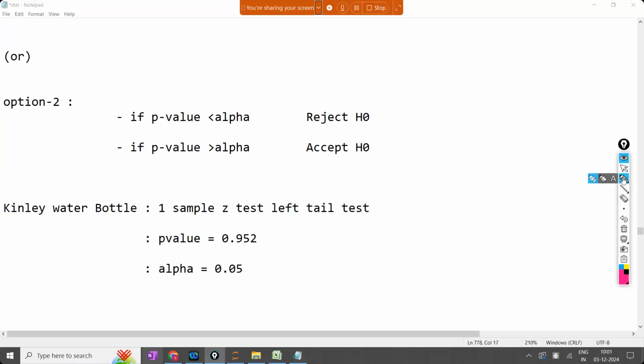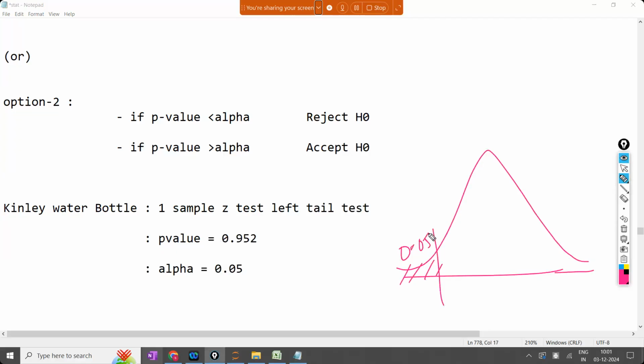Now, first I am going to draw the diagram. For the left tailed test, I am drawing the diagram, and this is 0.05, and this is 0 to 0.5, and 0.5 to 1. Since I got the value 0.952, it is in the acceptance region, so I am accepting the null hypothesis based on option 1.